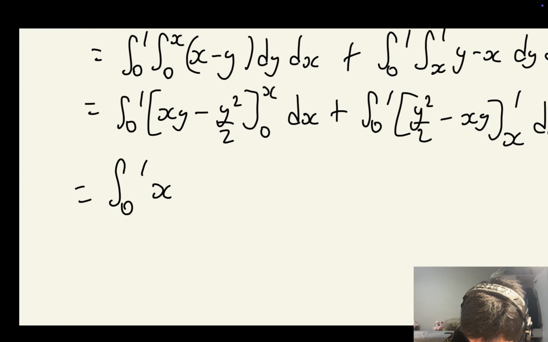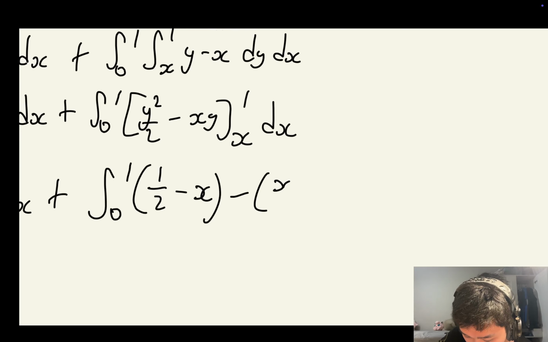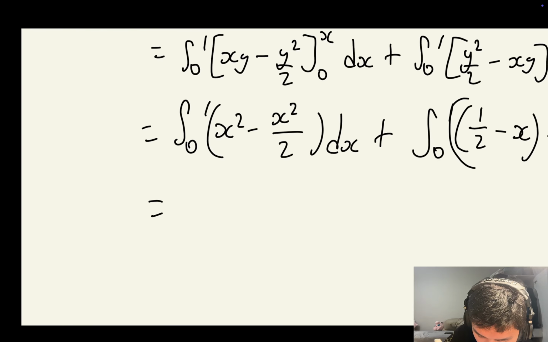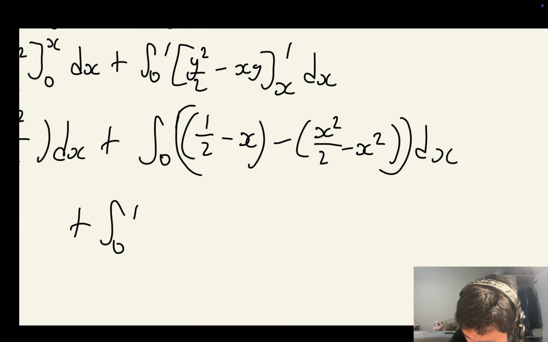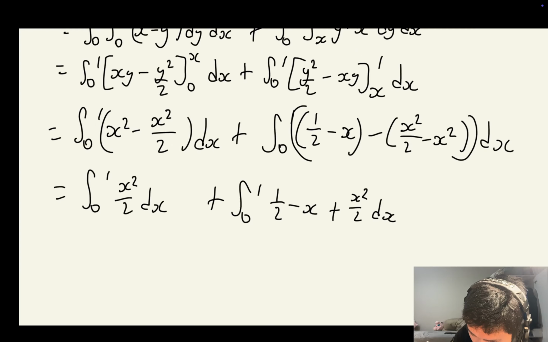So this is x squared minus x squared over 2, x, evaluated at 0, 1. So this would be half minus x minus, plug in x squared over 2, x. We can just finish this. These two are actually going to cancel out, and we're left with 1/2 minus x.